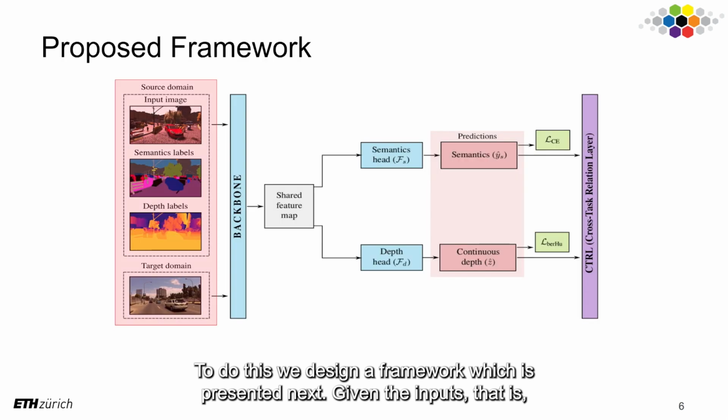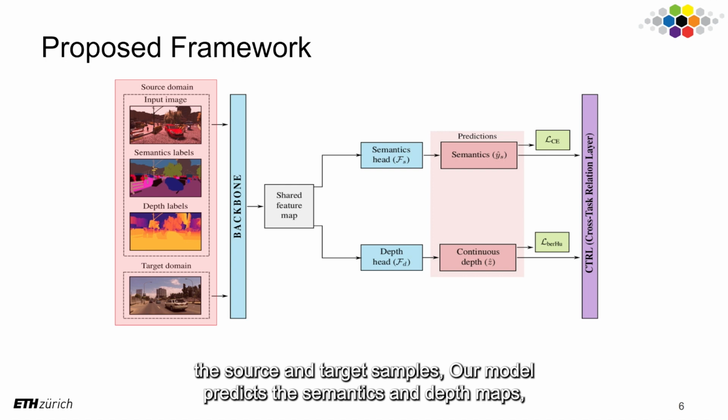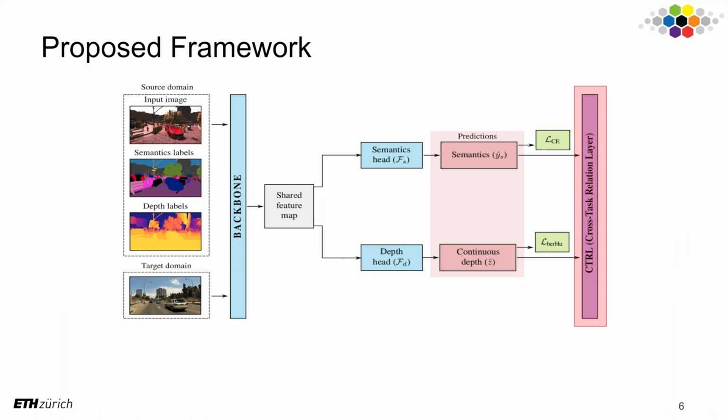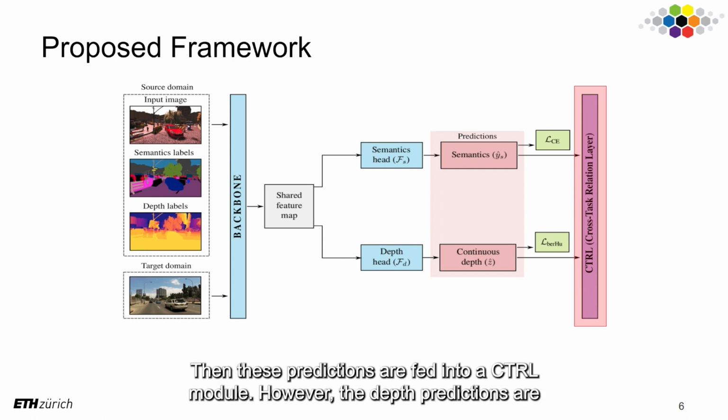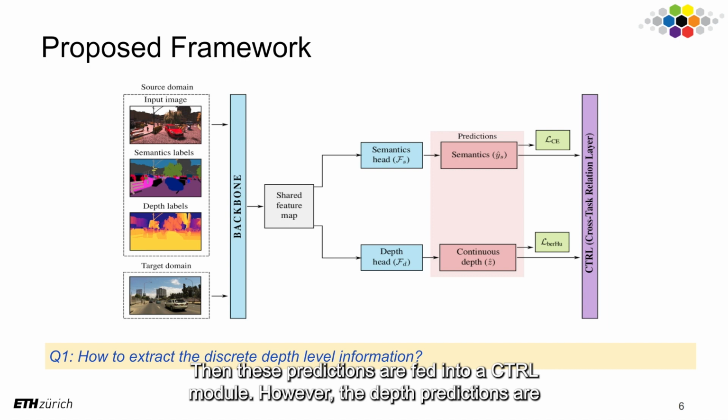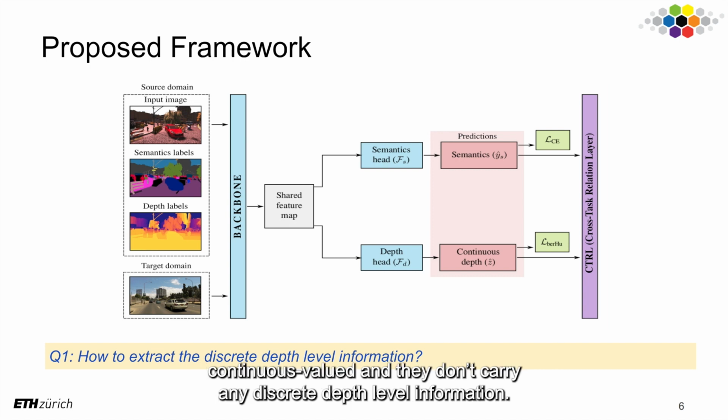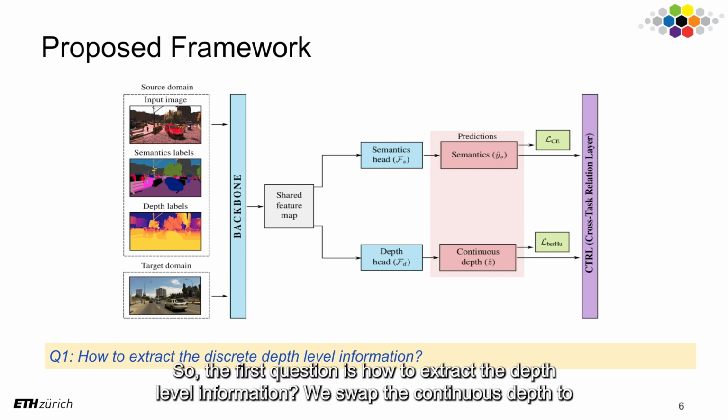Given the inputs, that is the source and target samples, our model predicts the semantics and depth maps. Then these predictions are fed into a CTRL module. However, the depth predictions are continuous valued and they don't carry any discrete depth level information. So the first question is how to extract the depth level information.